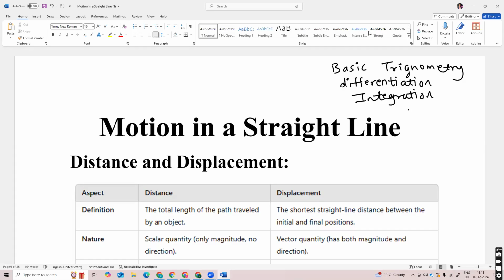And in last class we have covered vectors. So you will find all four of these concepts, basic trigonometry, differentiation, integration, and vectors, useful in this chapter. Not only in this chapter but mostly in all other chapters, and that's why I wanted to cover this basic so that other concepts will become easier for you.